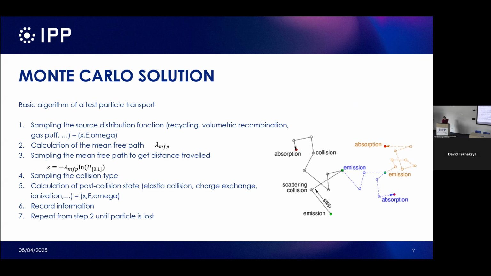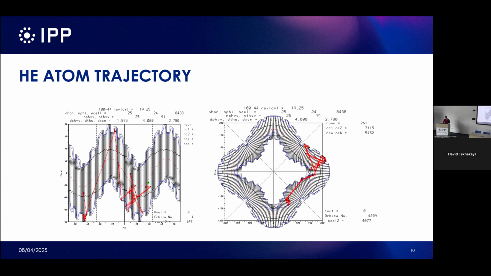And then we also have to keep track of which events are happening during this tracing, to tally or record this information to get the quantities that we want. And we repeat this step until the particle is ionized or it's lost somewhere. So by simulating many different trajectories or particles, we can get a statistical approximation of some values that we want.